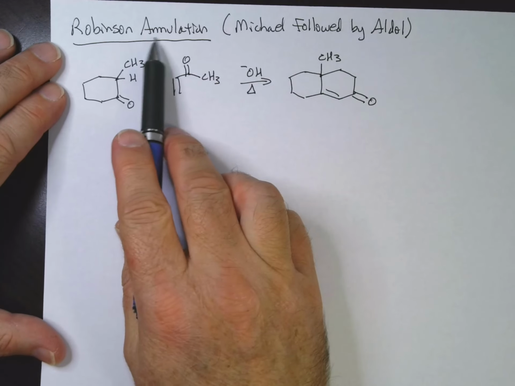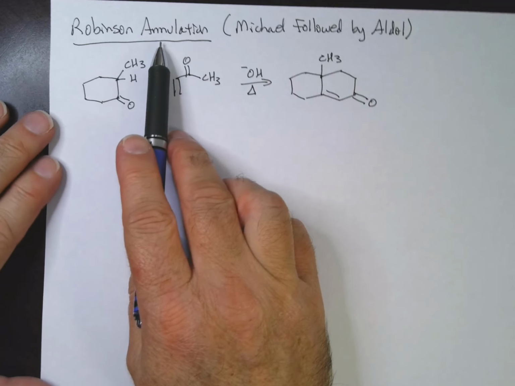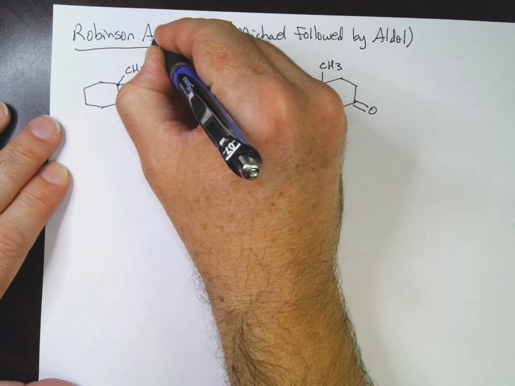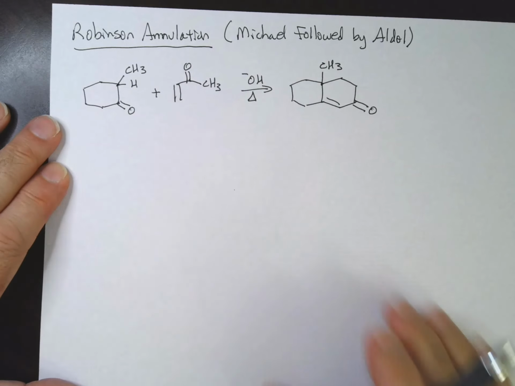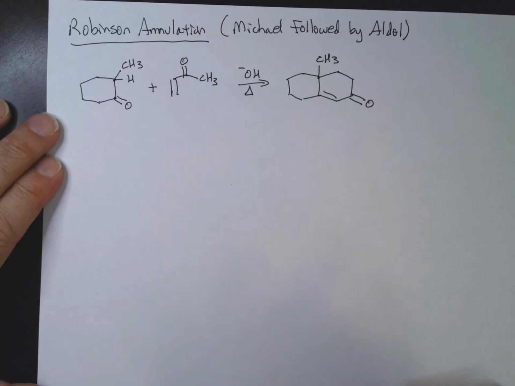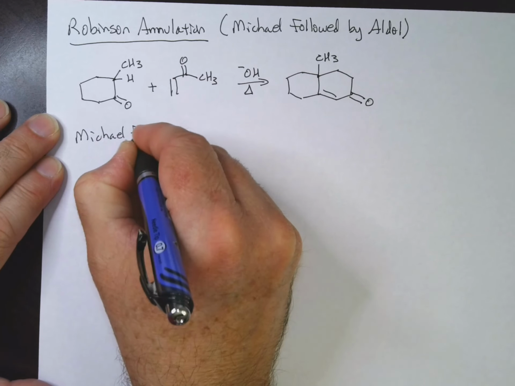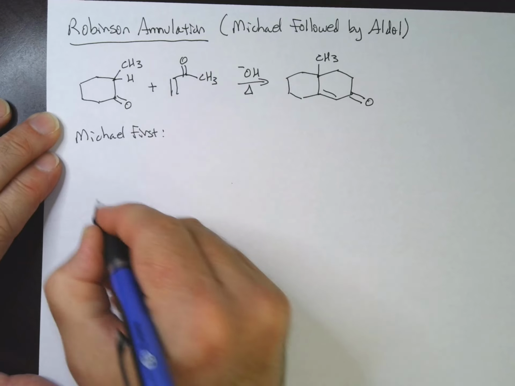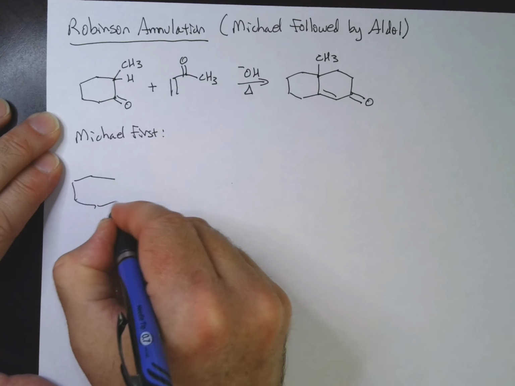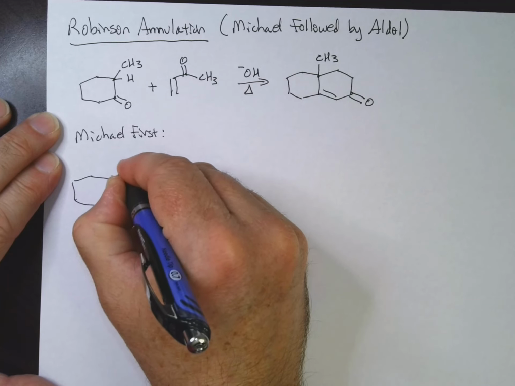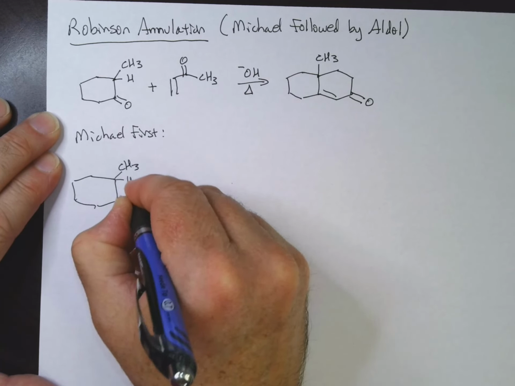So we've made a new ring. That's what the word annulation means. It means making a ring. Okay, those are N's. Annulation. There we go. So we do the Michael first. And yes, this is not a great Michael donor.